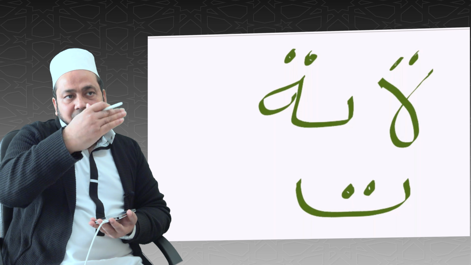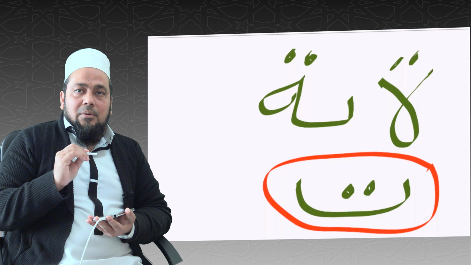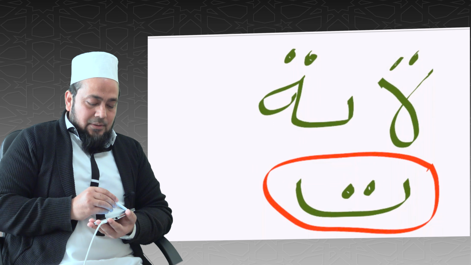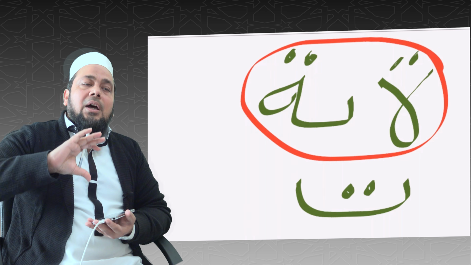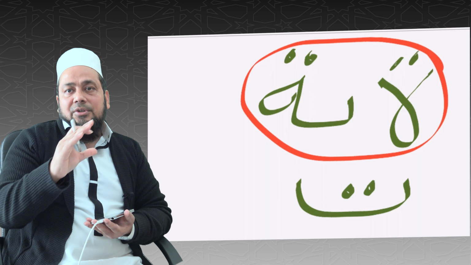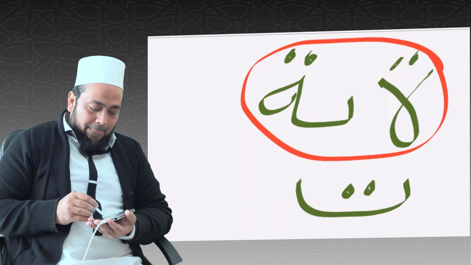There are difference between these two type of Ta. This Ta called Ta'u Majrura, and this Ta called Ta'u Marbota. Inshallah, I will explain more details about these two type of Ta when we go to the advanced level, inshallah.